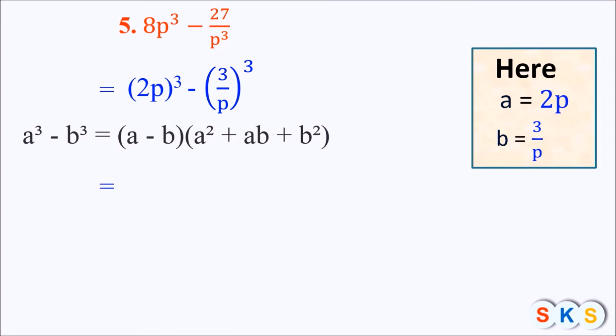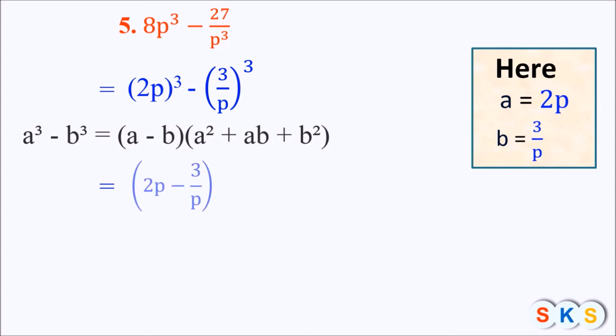Look at the first bracket, it is a minus b, right? What is the term in the first bracket? It's a minus b. So at the place of a we will write 2p, as you can see in the rectangular box, and at the place of b we will write 3 upon p. So I'm going to substitute the values of a and b in this formula. Let's see what we will get.